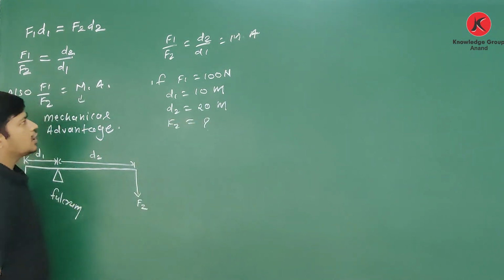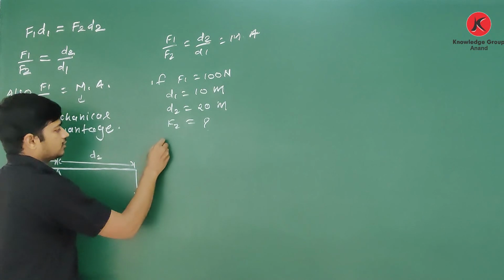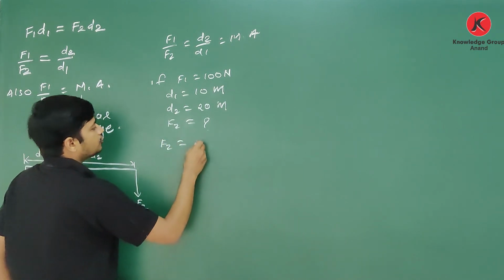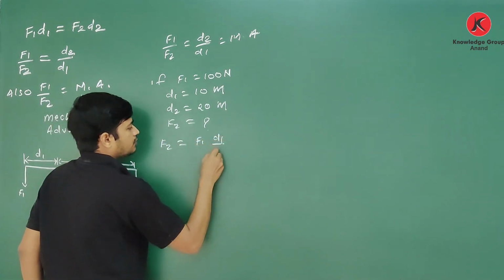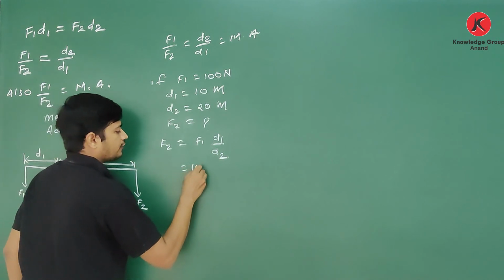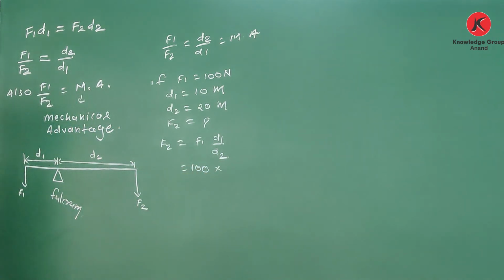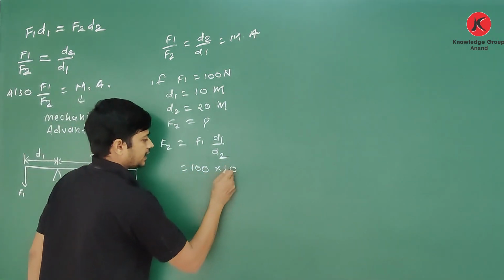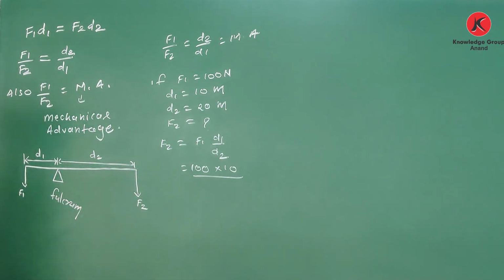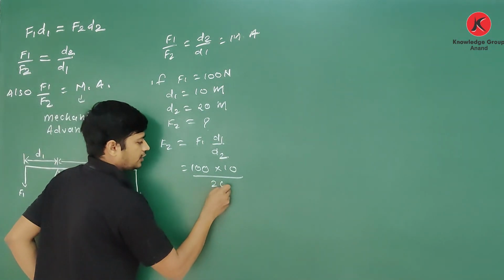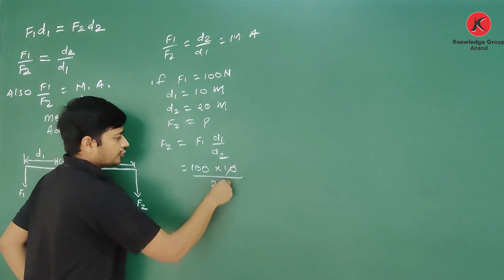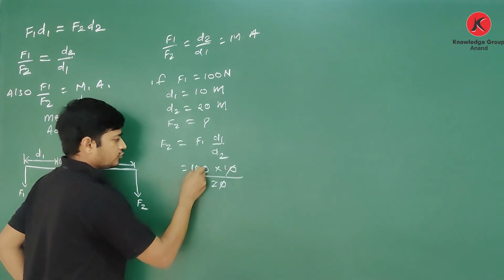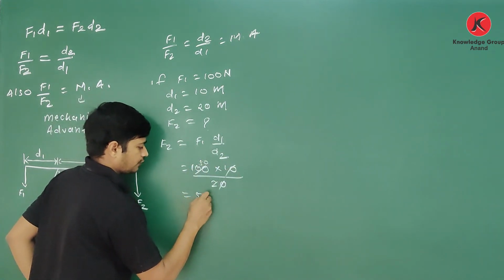Then what is the effort? That is F2. From this equation, make F2 the subject. So F2 is equal to F1 D1 upon D2. F1 is 100, D1 is 10, divided by D2, which is 20. So it is 50 Newton.